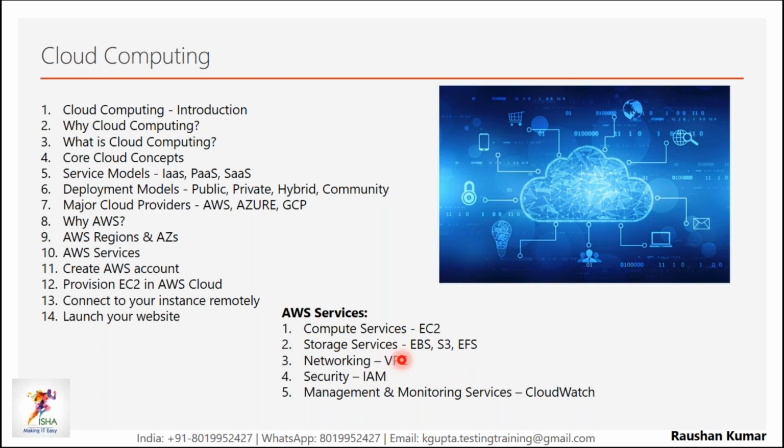VPC, virtual private cloud: how the networking is done and how communication is set up in the cloud. We'll talk about security, identity access management, and CloudWatch, which is the management and monitoring service offered by AWS.